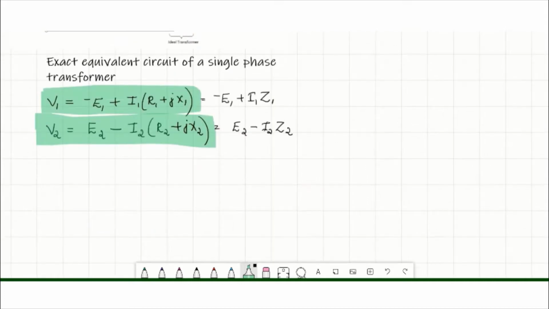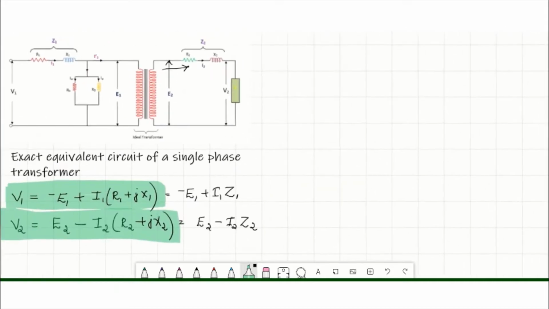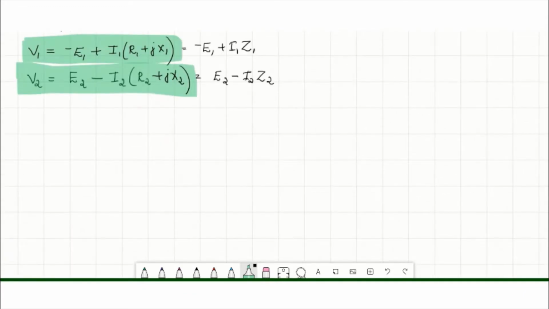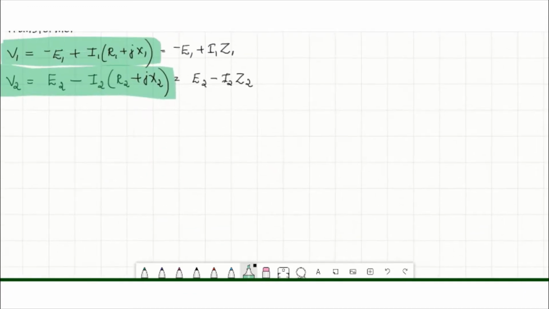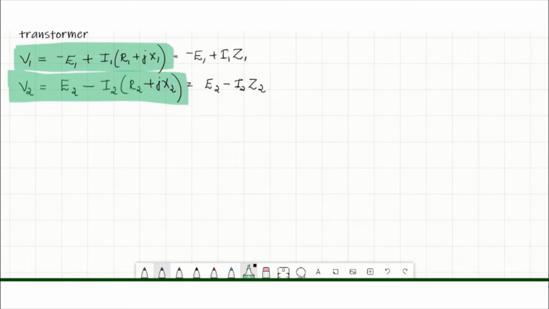Now let's move to the phasor diagram. First, let's consider the phasor diagram for purely resistive load.